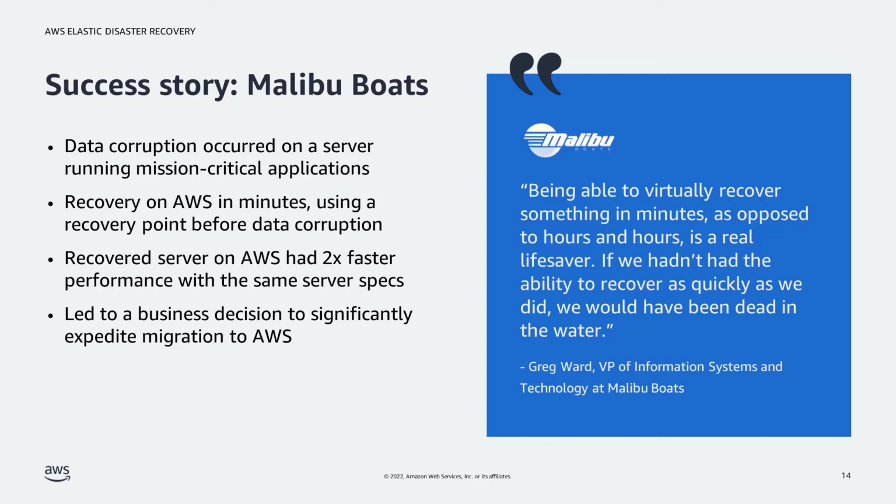So it was kind of a no-brainer for them to just keep running operations in AWS, which cost a lot less, and it was better performance. So this customer was not ready to go into AWS, but they leveraged DR. Now they got a taste of the performance that AWS can deliver, and they continue to run the workloads in AWS.